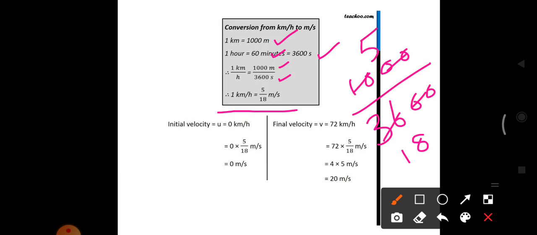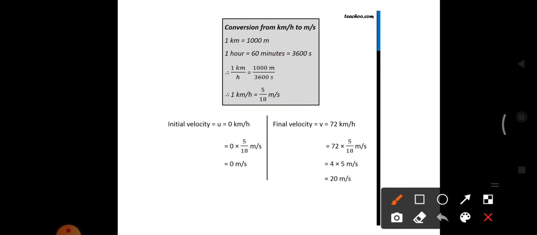So initial velocity u equal to 0 kilometer per hour. Instead of kilometer per hour, you can substitute 5 by 18 meter per second. Any number multiplied with 0, we get 0. So 0 meter per second. The final velocity v equal to 72 kilometer per hour.